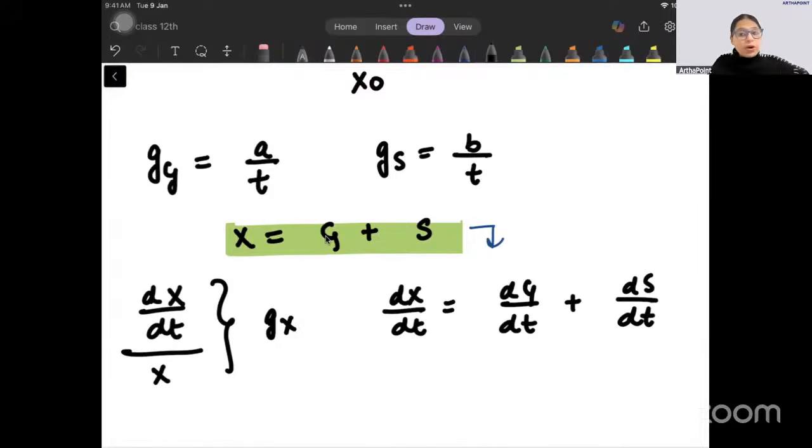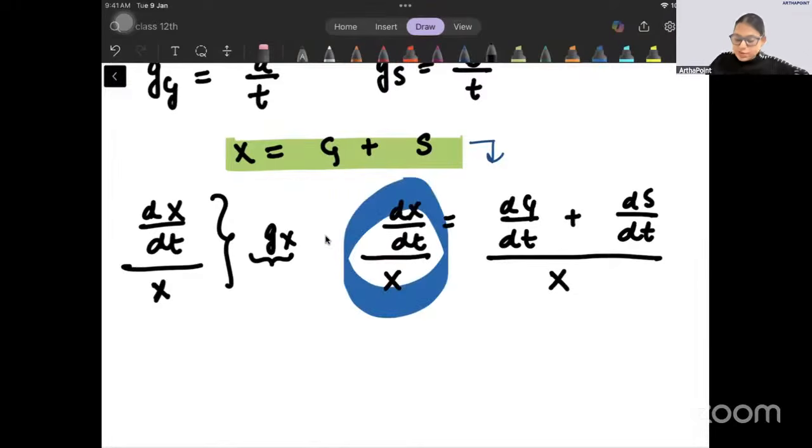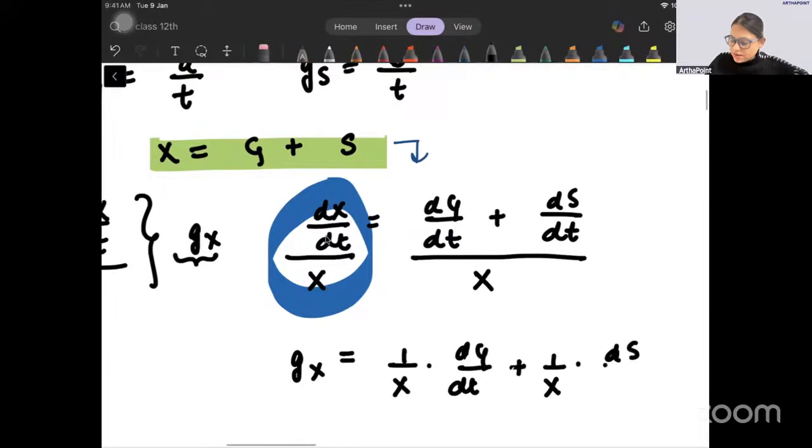Now I want to divide by x because then it will become growth rate of export. So I will divide both left and right side by x. अब ये जो वैल्यू है, this will become growth rate of export. And I can write this as 1 by x dg by dt plus 1 by x ds by dt.